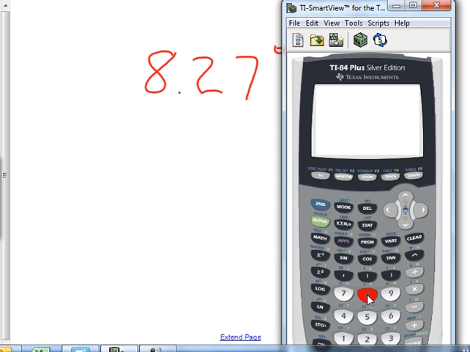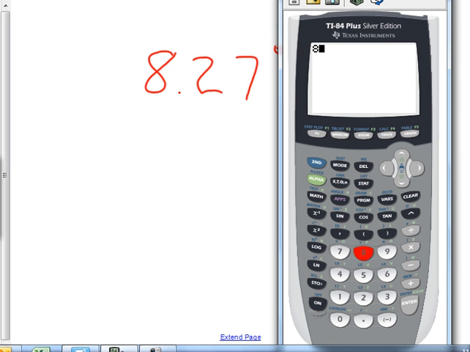Just a second. I got to catch up. 8.27. And then I go to above the apps key, angle, and take a wild guess which one I'm going to hit. Number 4, which is to DMS. Right there. Enter. And one more time, enter. There it is. 8 degrees, 16 minutes, 12 seconds.